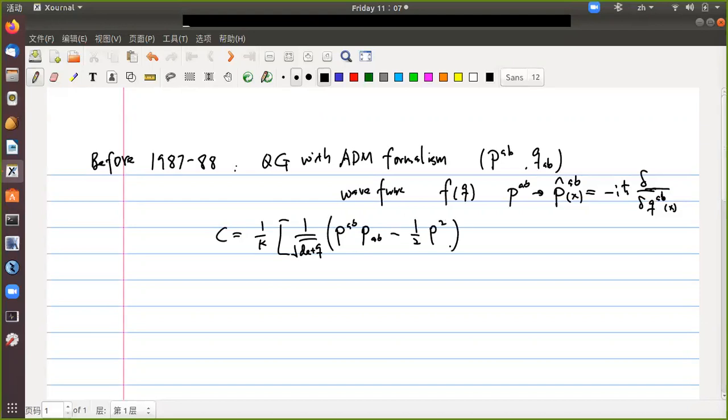Firstly, you can view it as a kinetic term, which is quadratic in P, where P is your momentum, so momentum squared somehow. And then you get another term like a potential term, but this potential is just the curvature, which is a function of Q only.